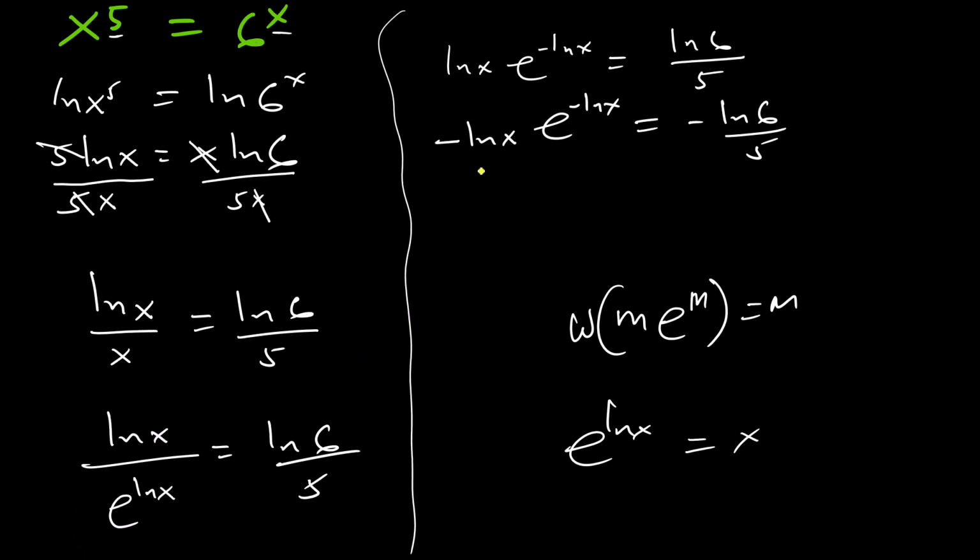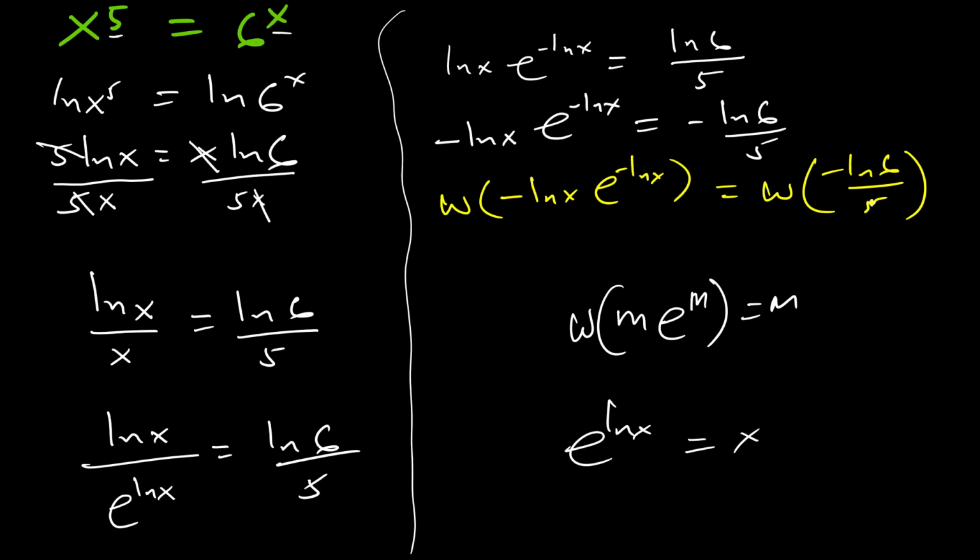So let's take the Lambert W function. Now that we have this being equal, minus ln of x times e to the minus ln of x equals minus ln of 6 over 5.